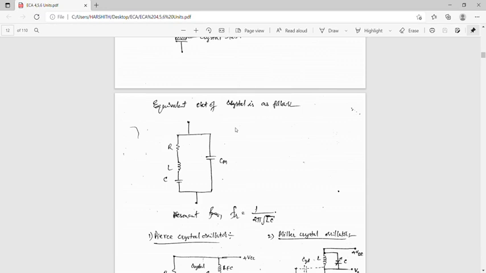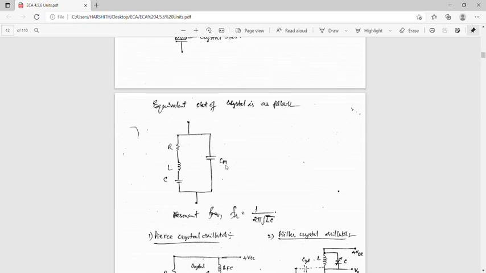When the crystal is not vibrating, it is equivalent to a capacitance due to the mechanical mounting of the crystal. Such a capacitance existing due to the two metal plates separated by a dielectric like the crystal slab is called the mounting capacitance, denoted as Cm. This is the mounting capacitance.